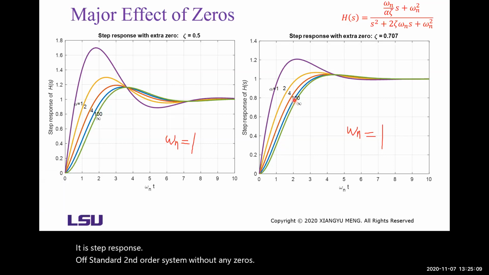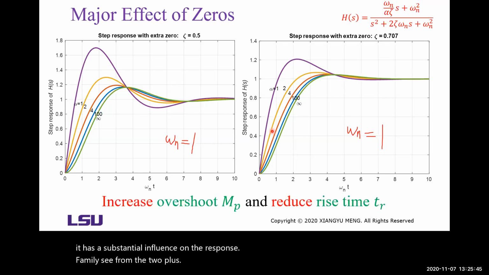So when the value of alpha is very large, let's say 100, its step response is very close to the step response without zeros. But when alpha is small, let's say 1, then it has a substantial influence on the response. Then we see from the two plots, the major effect of zeros is to increase overshoot and reduce rise time.